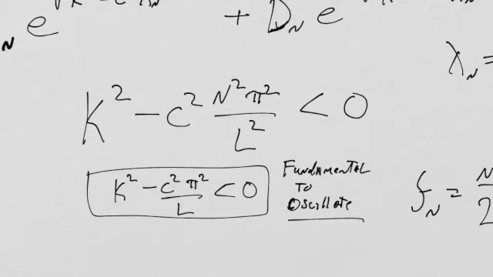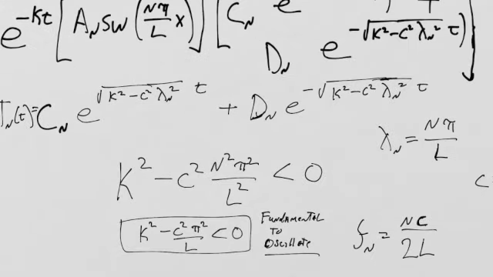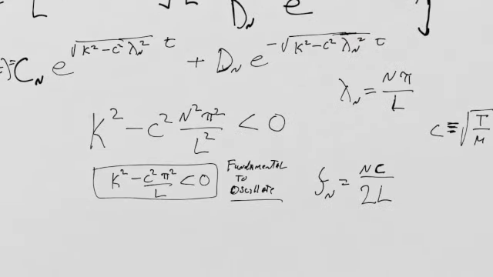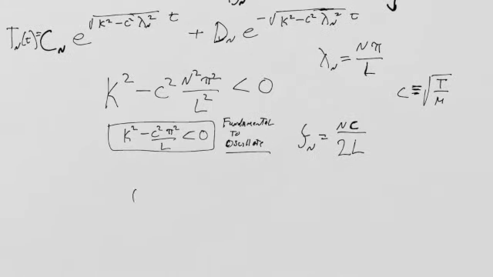So the frequency of the vibration, if these are purely imaginary expressions, meaning this condition is true, which means this will always be true, because remember, lambda n is just n pi over L. Then the way we write this down is we say that the frequency of the oscillation, I'll give it a little hat, because I'm going to say the frequency of the nth mode.